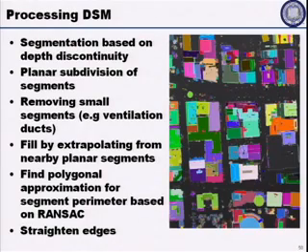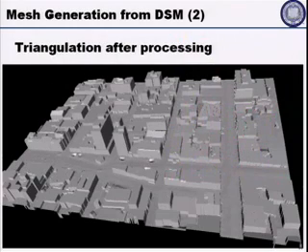So you go through a set of processing steps, which I unfortunately don't have much time to go over, but the highlight is this RANSAC polygonization technique that segments the rooftops into planar regions. Planes can be either horizontal or at an angle like this, but we're not fitting quadratic surfaces or anything like that. And at the end, you end up with this kind of a model, and now your DSM after triangulation looks neat and clean like this.